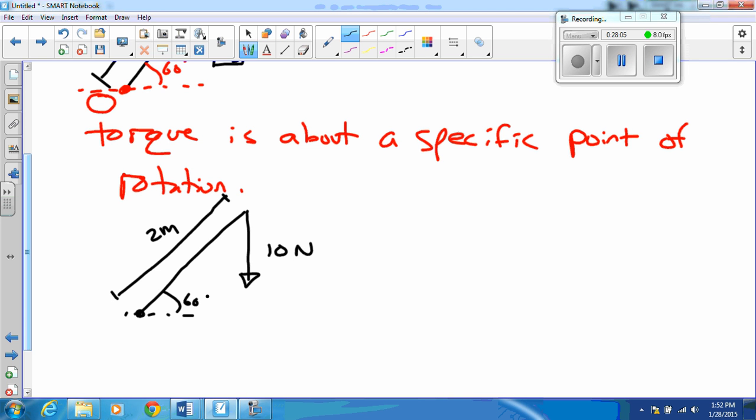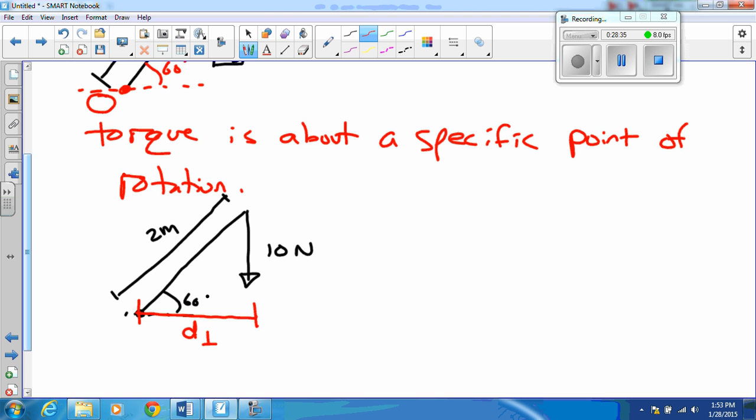Okay? Now, the torque that's being exerted is only exerted about the perpendicular component of distance. What you just discovered at your table was that the parallel component of distance does not receive any torque, or if you want to think about it, the parallel component of force does not exert any torque.